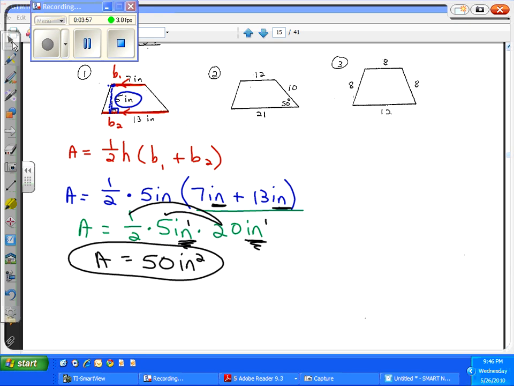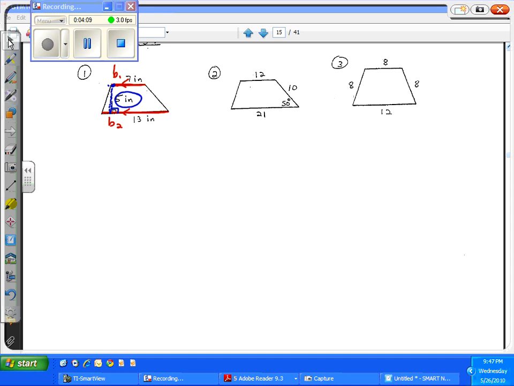Any questions on number 1? Okay. Number 2. Number 2, we want to find the area. Area is 1/2 height times sum of bases.